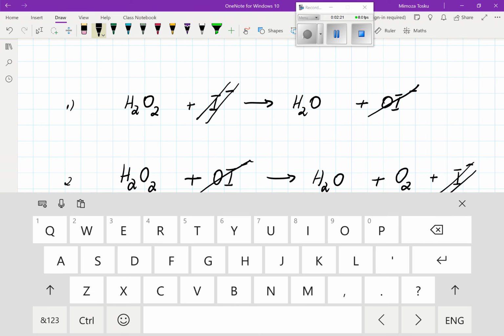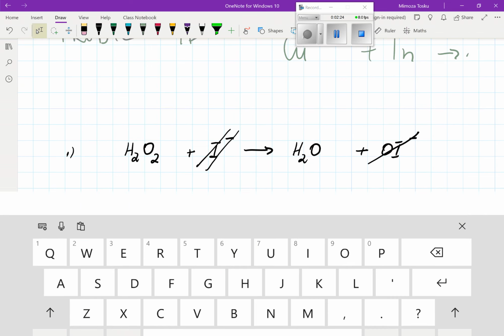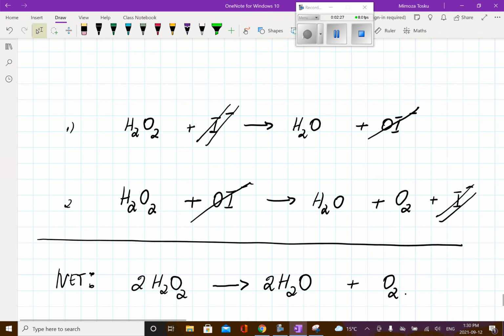So let's take a look now at the oxidation numbers of the elements we are interested in, which are hydrogen and oxygen. When we talked about oxidation numbers, we mentioned that oxygen in a peroxide has an oxidation number of -1, otherwise it has -2. So 2 times -1 is -2, and hydrogen is +1.